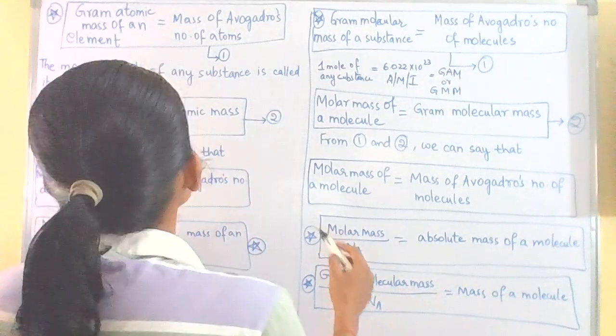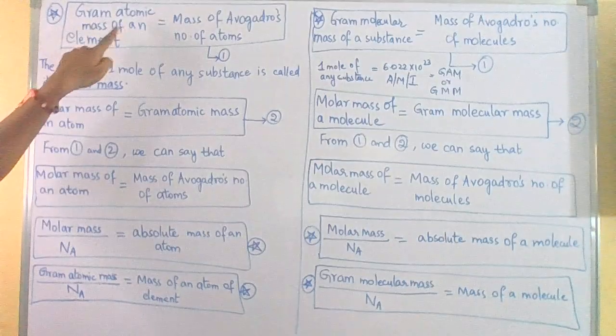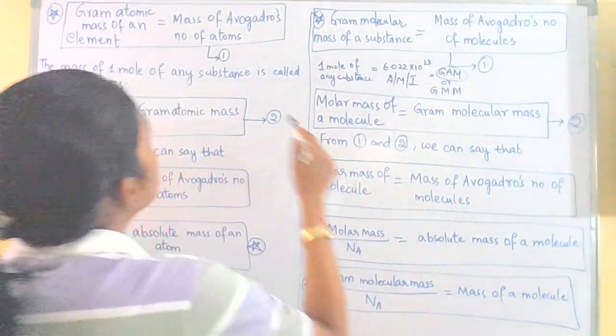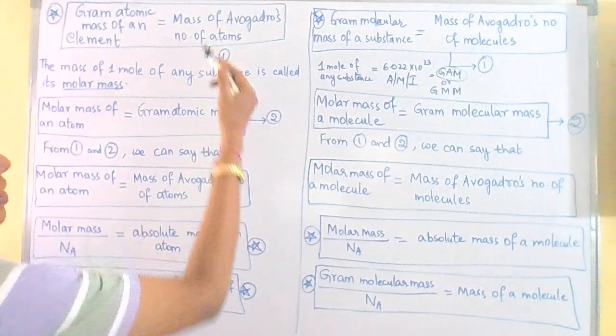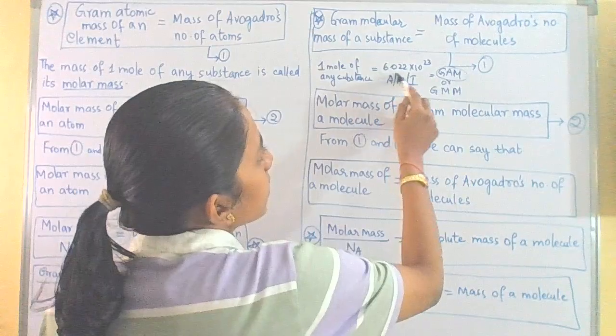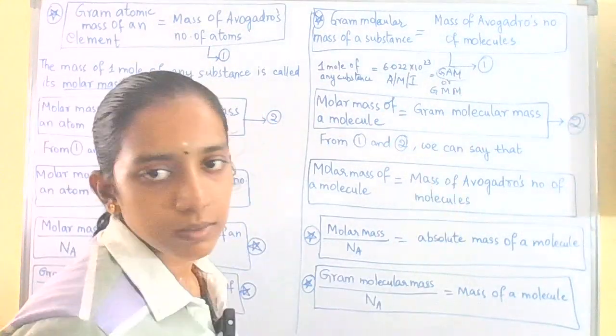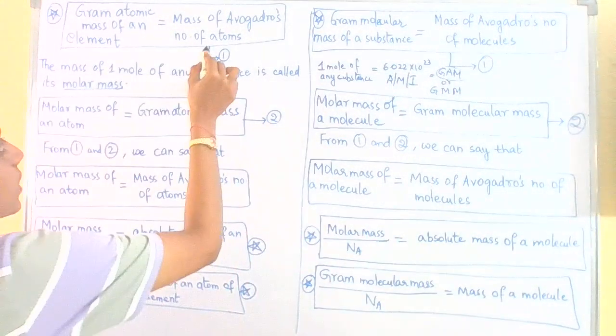Now they have said that gram atomic mass of an element is equal to mass of Avogadro's number of atoms. So these many atoms mass is equal to the gram atomic mass. Okay, correct. We'll take this as 1.